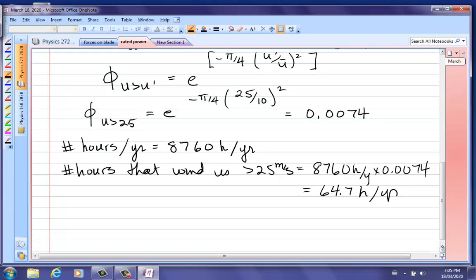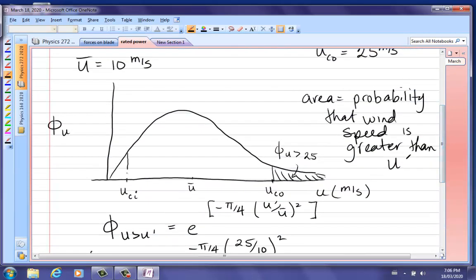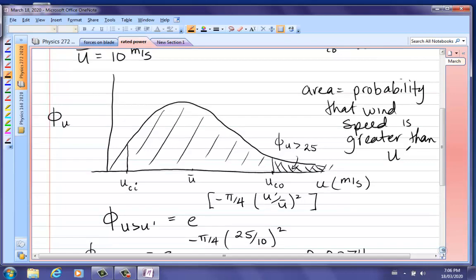And similarly, if we want to know how many hours the wind is greater than the cut-in, what you'd be calculating is this whole area here, from here all the way out to the tail. And you can see, if you want to know what it is between the cut in and the cut out, you have to subtract the two results.